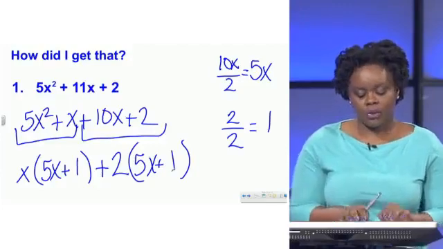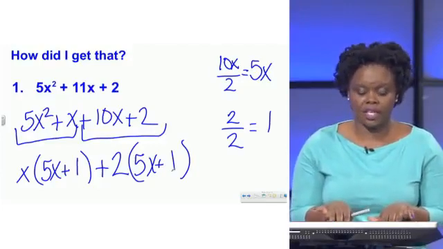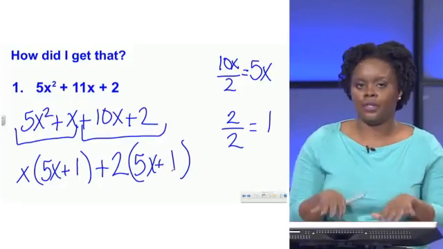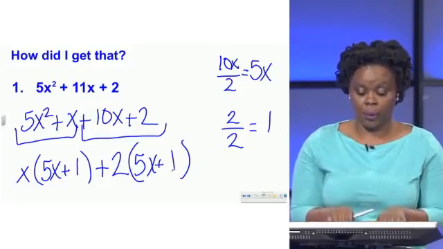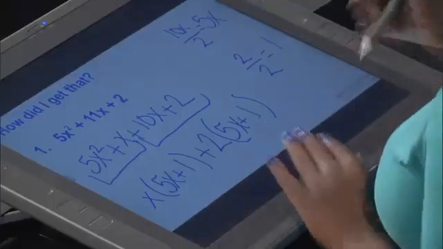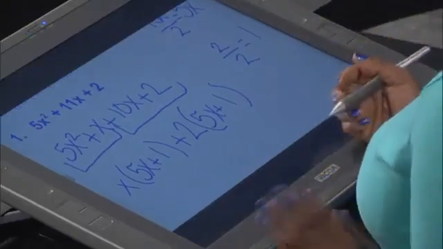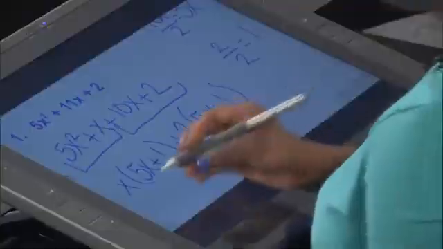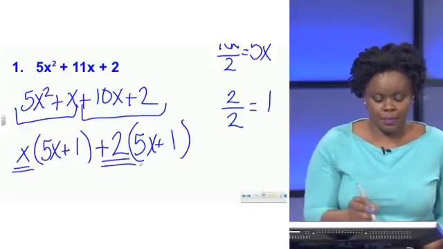You probably started to notice that when you're working through these problems, if you get to the point where you don't have the same thing in the parentheses, then just go back up and check because something went wrong. Because with these kind of problems, you should end up at the point where you have that same group inside your parentheses, okay? That's a little hint while you're working. Okay, so now you're at the point, just bring everything together. So you've got your x, and you've got that 2 out front.